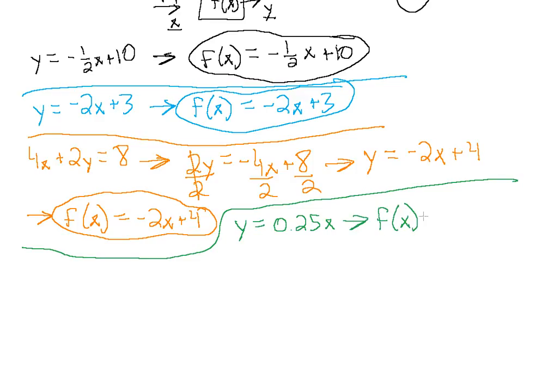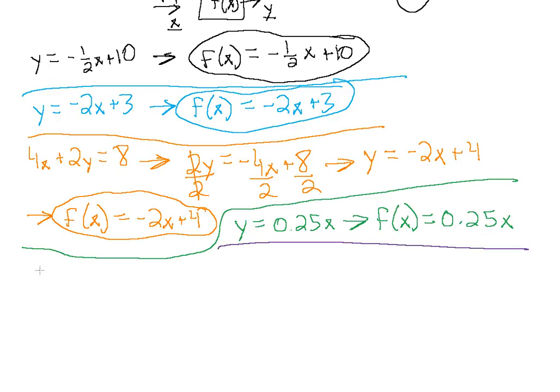These two terms are interchangeable. They mean the same thing. This just actually helps clarify what's going on and what's our dependent and independent variable. So we have f of x equals 0.25x. Since we're not doing a whole lot with the right-hand side, we can go ahead and leave it in decimal form.